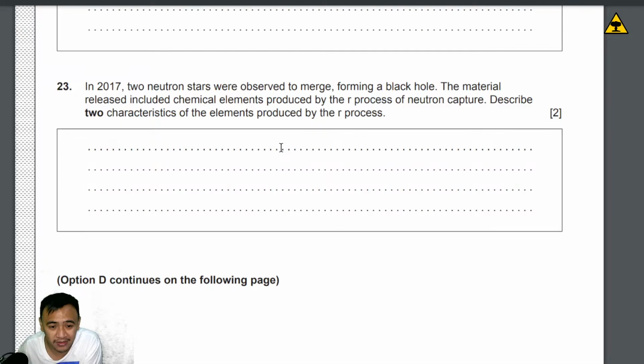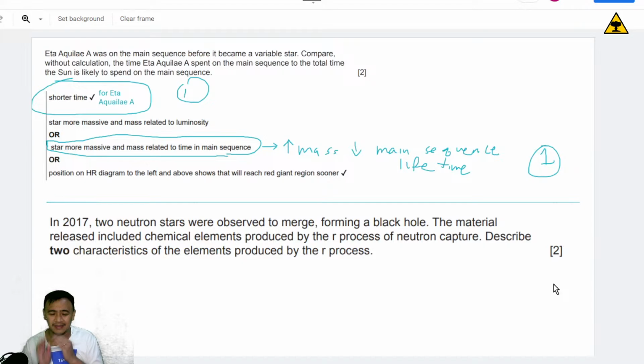The key idea here is that neutrons are being absorbed, and at the same time, nuclei are decaying via beta decay. Beta decay is happening, neutron capture is happening. Which one's gonna be faster? We have rapid neutron capture.